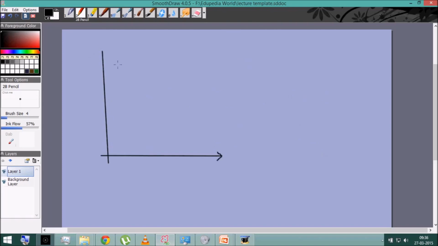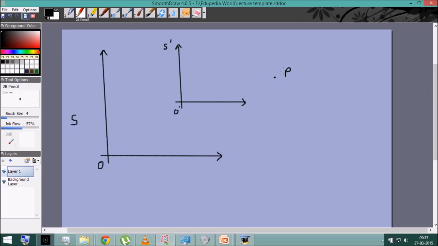Generally, we represent a frame of reference by a coordinate axis. So to represent 2 frames of reference, I'm going to draw 2 separate coordinate axes. Let's say this is a frame S which has an origin O, and let's say this is another frame S dash which has an origin O dash.